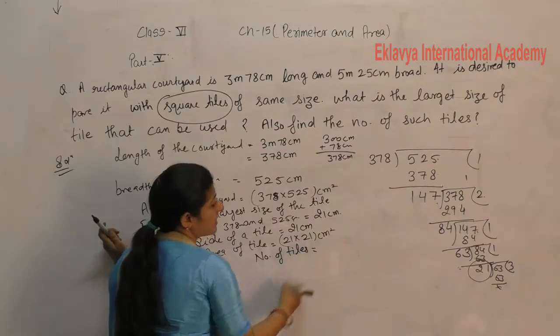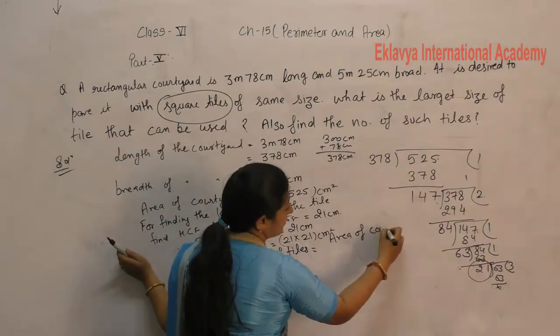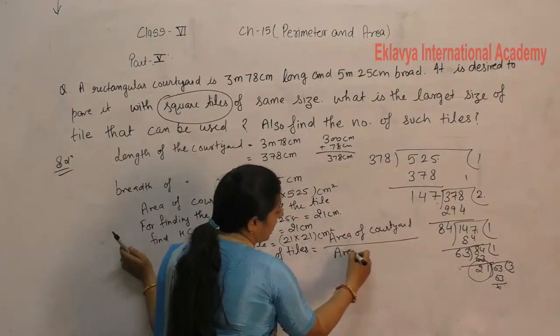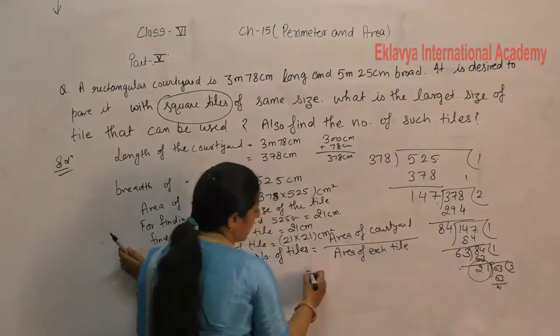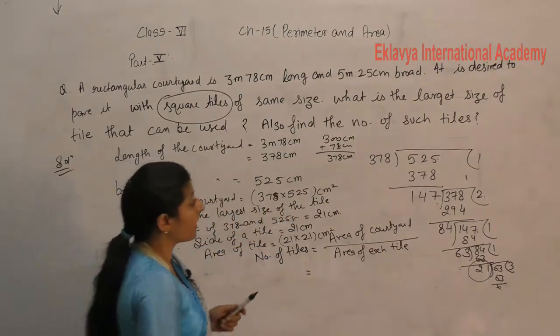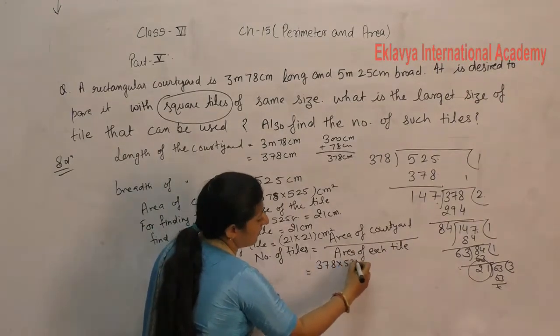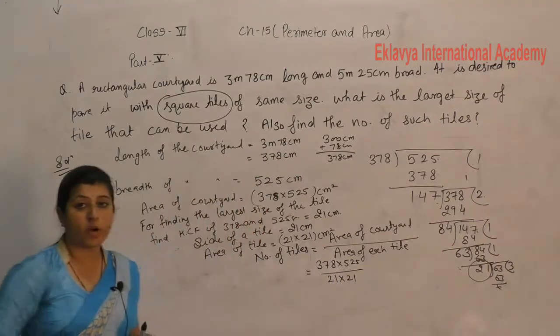Number of tiles is equal to area of courtyard, where we have to use those tiles, divided by area of each tile. That is equal to area of courtyard, that is 378 multiplied by 525, divided by 21 into 21.